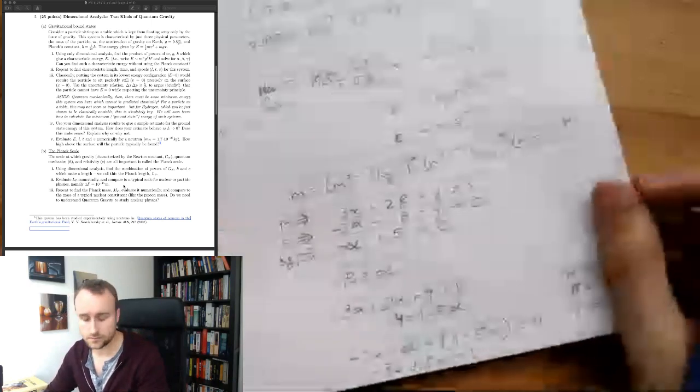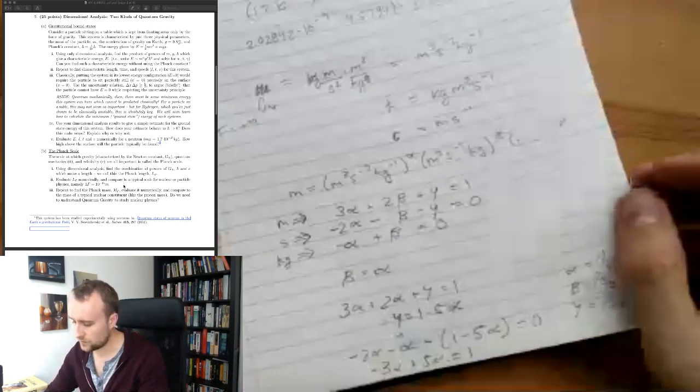And then, so to go for this question, I'm just going to put the first question here. So for the characteristic Planck length, we've got, what do we have?